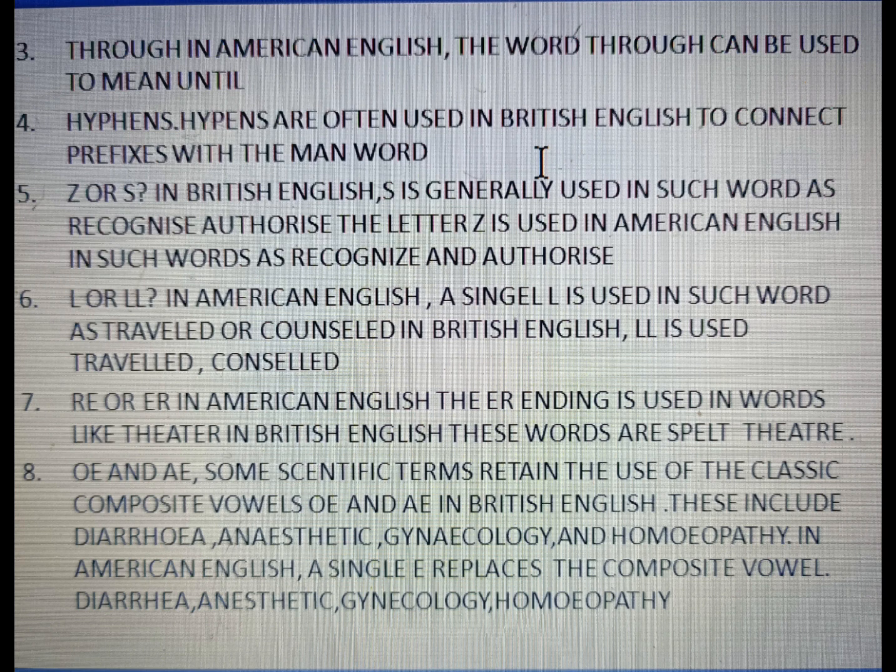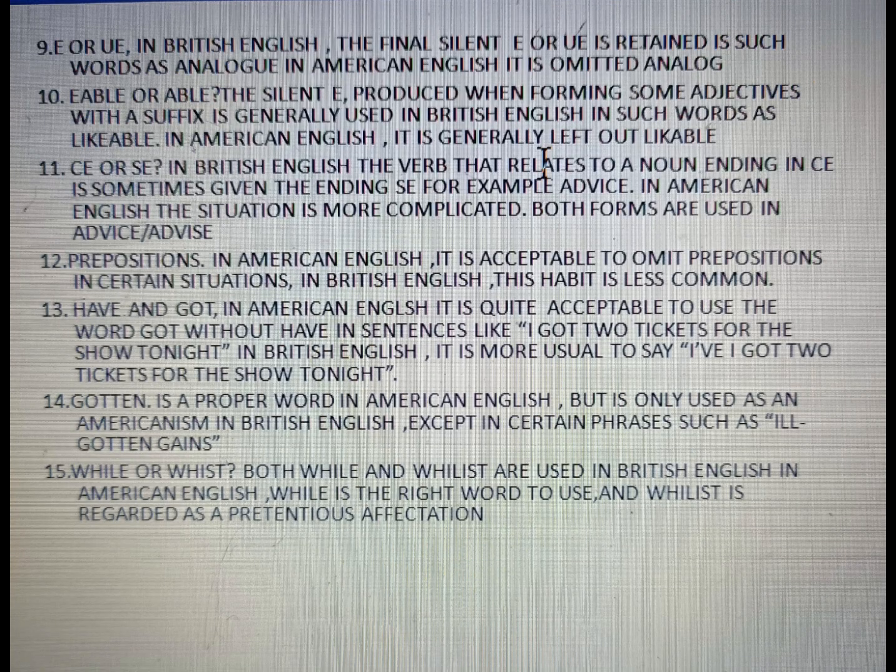In American English, a single E replaces the composite vowel: diarrhea, anesthetic, gynecologic, homeopathic. Nine, E or UE. In British English, the final silent E or UE is retained in such words as analogue. In American English, it is omitted: analog.